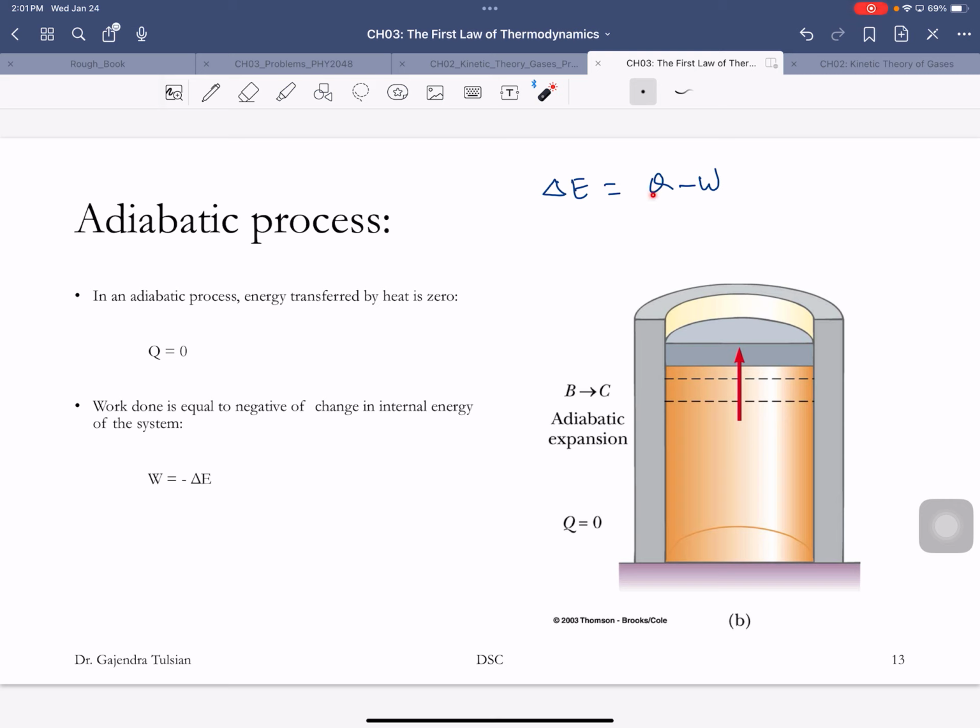You can think of this as your earnings, this as your spending, and this as your bank balance. So in an adiabatic process, you didn't earn anything, and if you spent any money, your bank balance decreased by that amount.